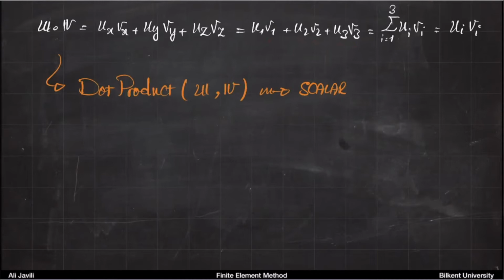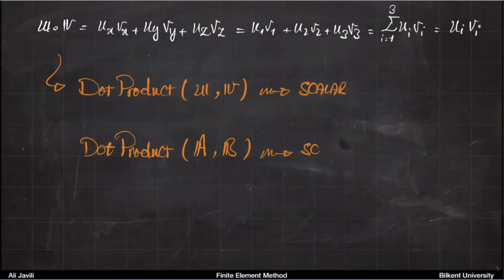Okay, so maybe we can also define some sort of dot product between two matrices. By the way, I'm calling them matrices, but they are tensors; for now, let's just call them matrices, I think it's easier. So let's say you have a dot product of two matrices, A and B, and we want to define something which also gives you a scalar value, following exactly what we did before.